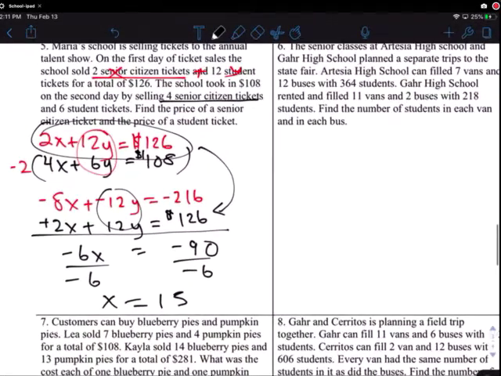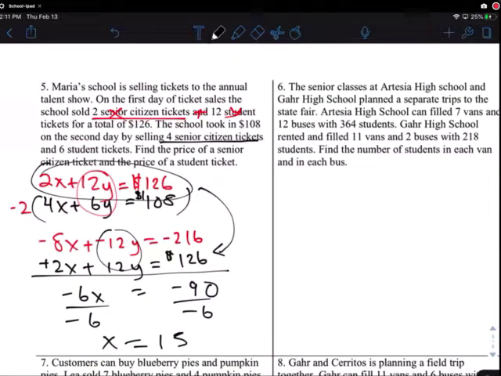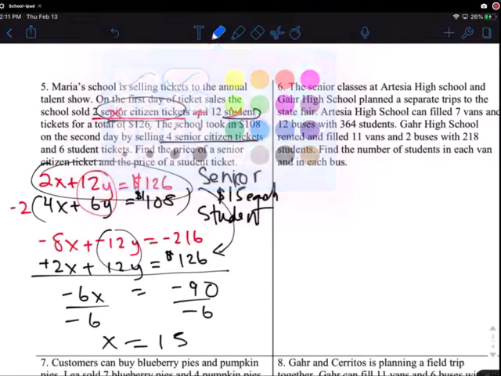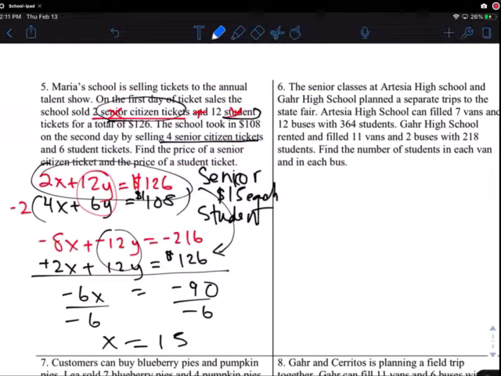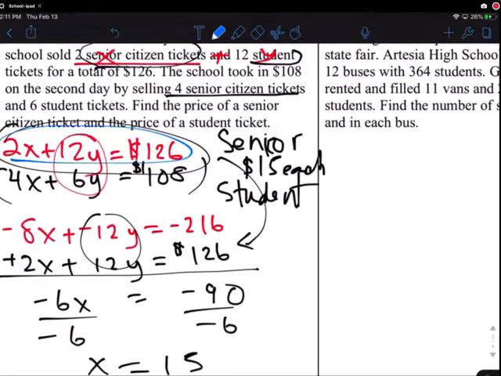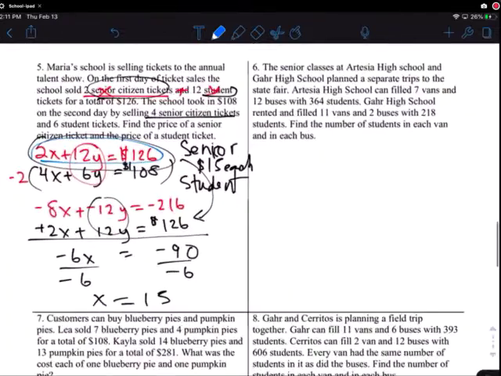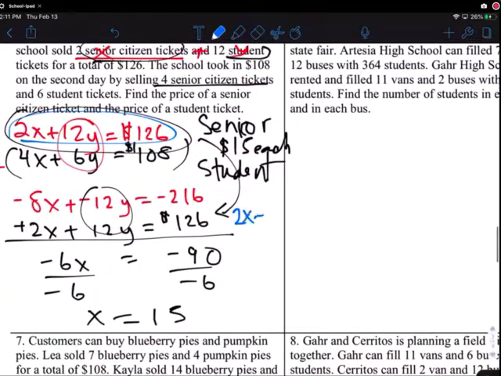Okay, so which one is x, the price of student tickets? No, the price of senior tickets. So senior is $15 each. To find student, we need to go back and substitute the 15 into, okay, we'll just use this one. Okay, I wrote too big, sorry guys. 2x plus 12y equals 126.